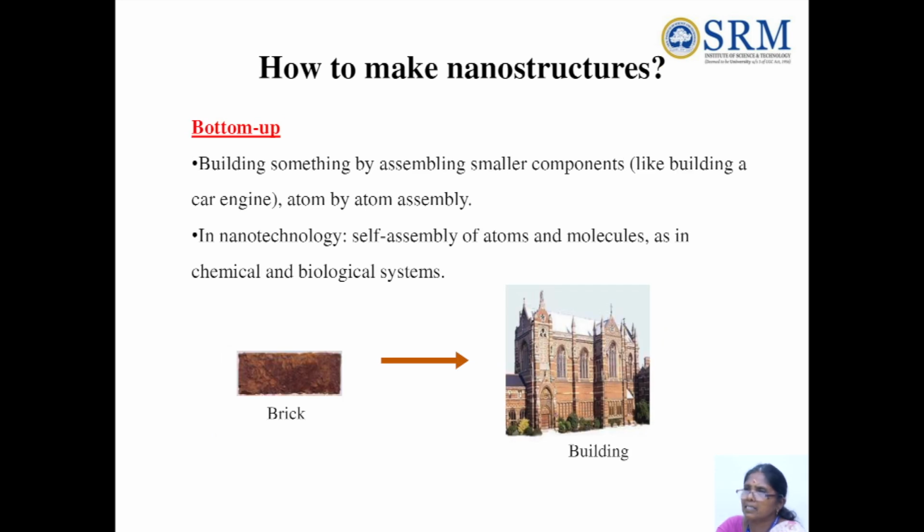This is the best example for the bottom-up approach: a number of bricks that you use to build a building. Building something by assembling smaller components, like building a car engine, is atom by atom assembly. In nanotechnology, it is self-assembly of atoms and molecules in chemical and biological systems.